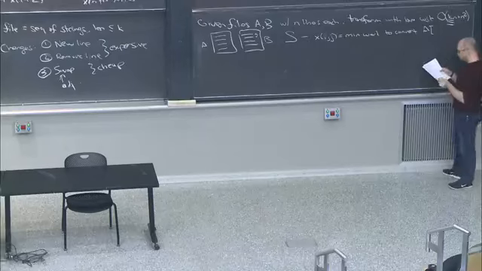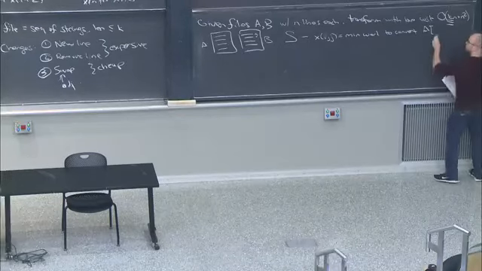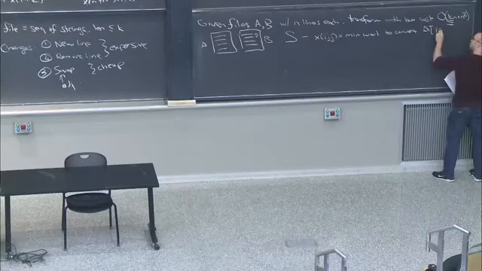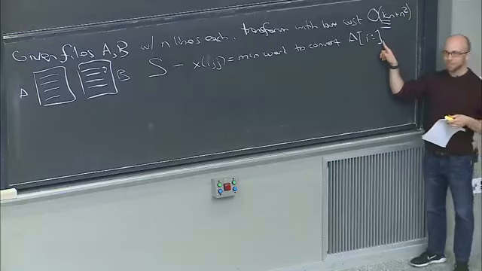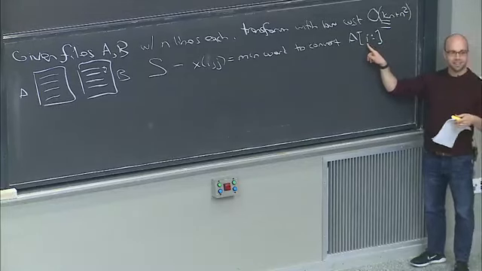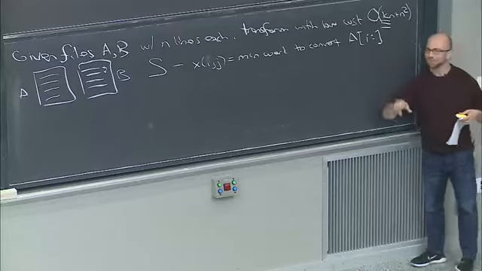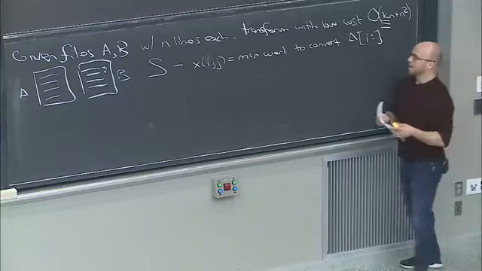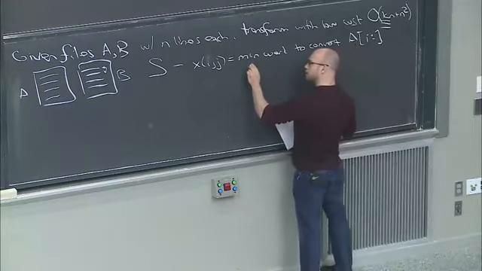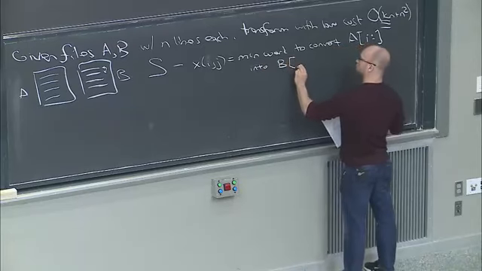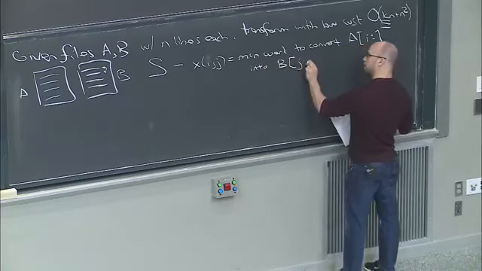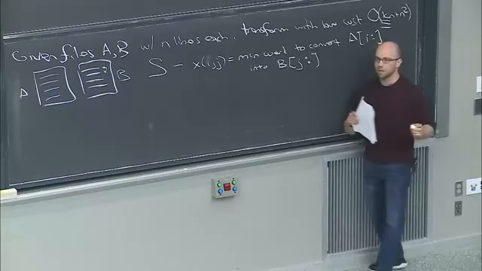I'm not a Python programmer, but hopefully I got this right. i colon is going to be everything from i to the end of the file. So in other words, this is the suffix version of our problem.